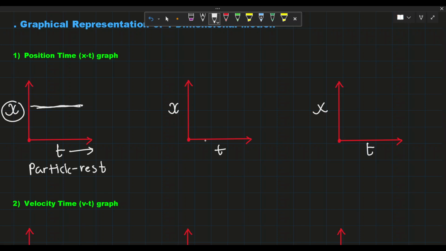The second graph, where you have a straight line like this basically means that at equal intervals of time distance is being covered, which means that your velocity of the particle is constant.